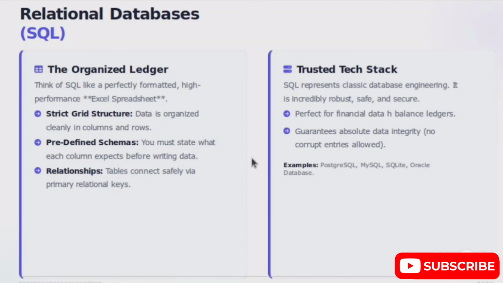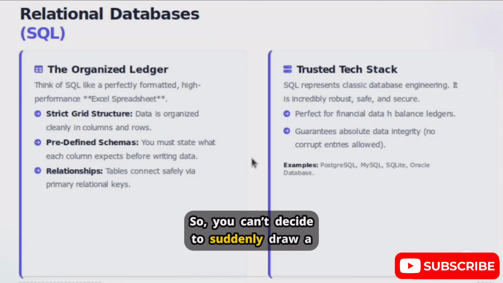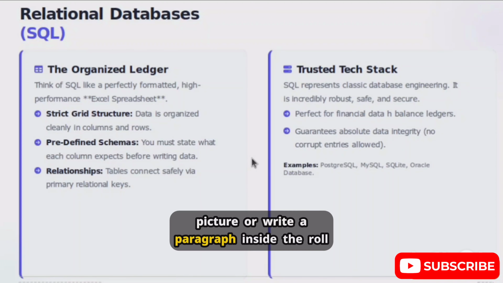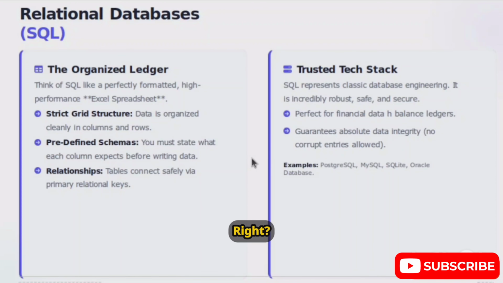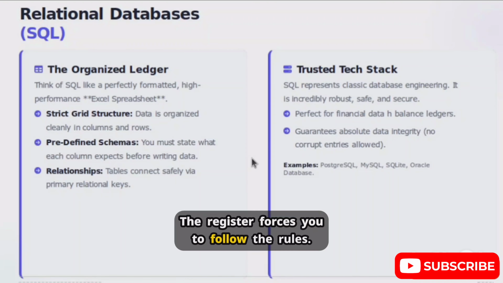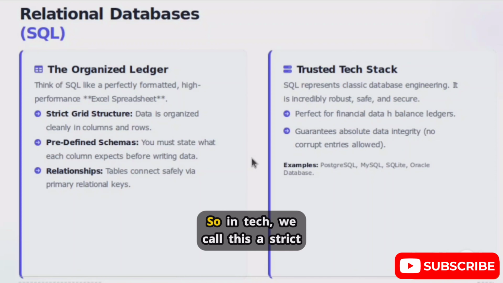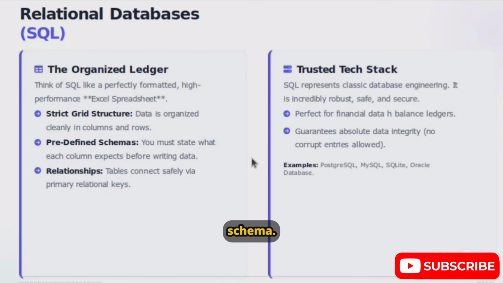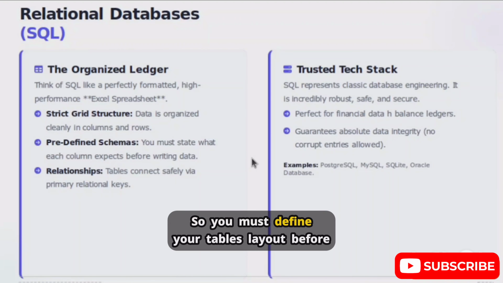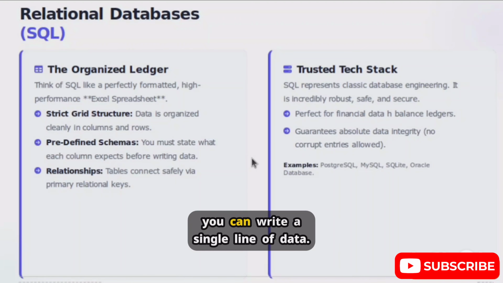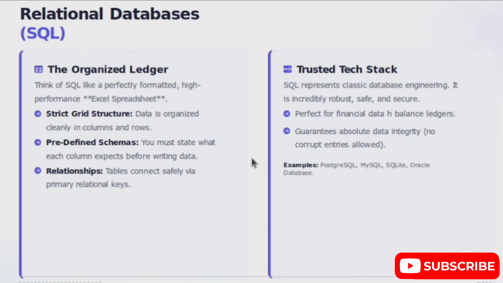You can't decide to suddenly draw a picture or write a paragraph inside the roll number column. The register forces you to follow the rules. In tech, we call this a strict schema. You must define your table's layout before you can write a single line of data.